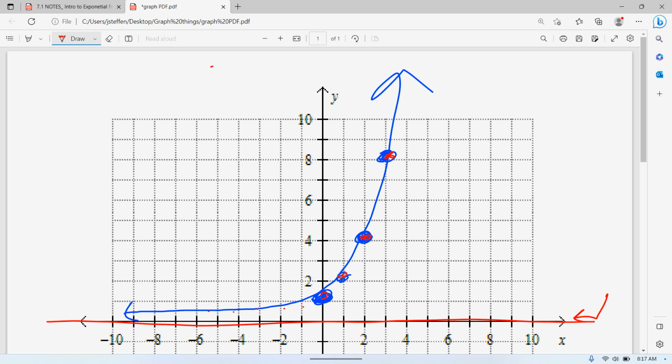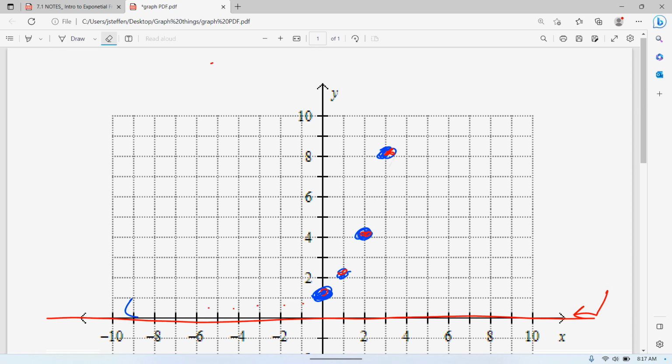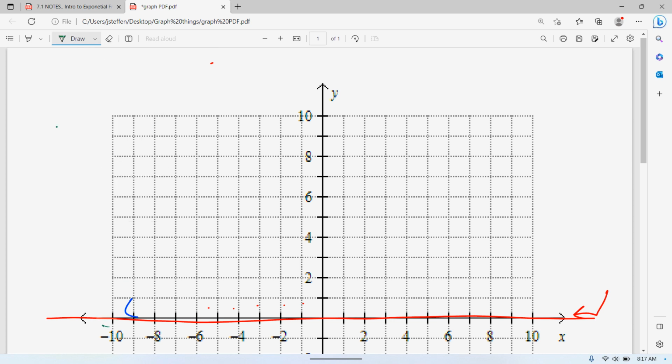But that's one of the big things students miss with exponentials when they're graphing. They'll graph their exponential something like this. Well, you're close, but notice how I cross that line? You can't do that. An exponential will never be on that line. That's that asymptote.